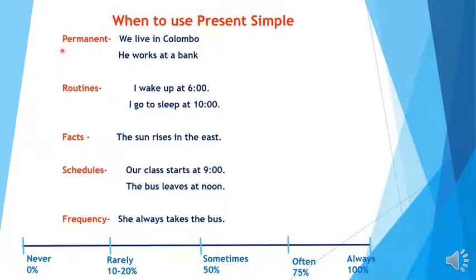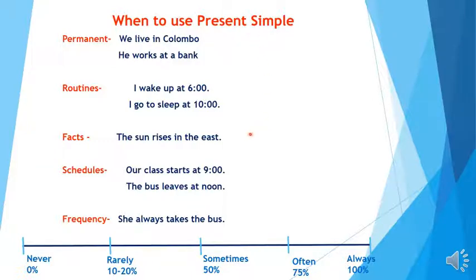present simple. And I wake up at 6, routine. Normally every day, so you normally wake up at 6 and you go to sleep at 10. So when you talk about these kind of routine events, you have to use present simple.